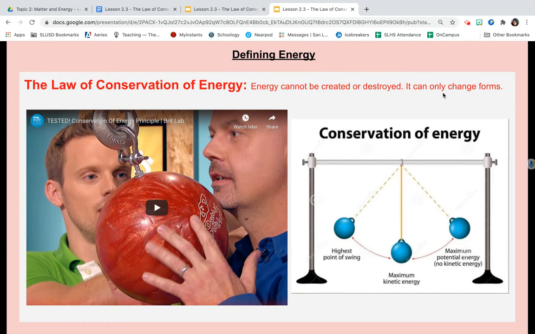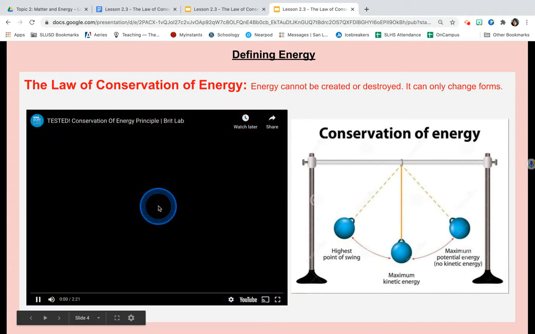No more, no less. We can see this in full force if we ever try to swing a bowling ball. So let's watch this video and just observe how the law of conservation of energy is at work here.